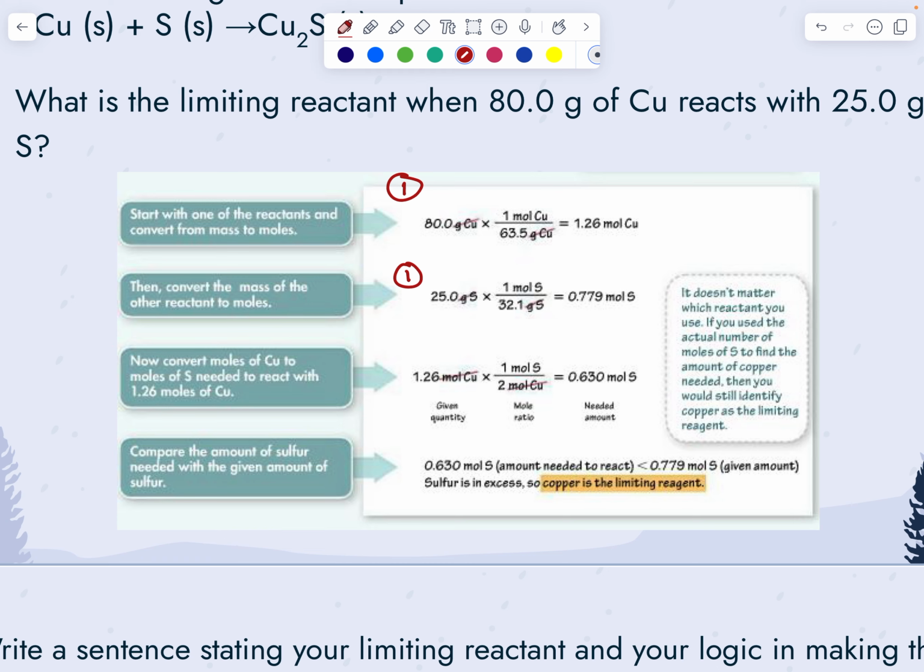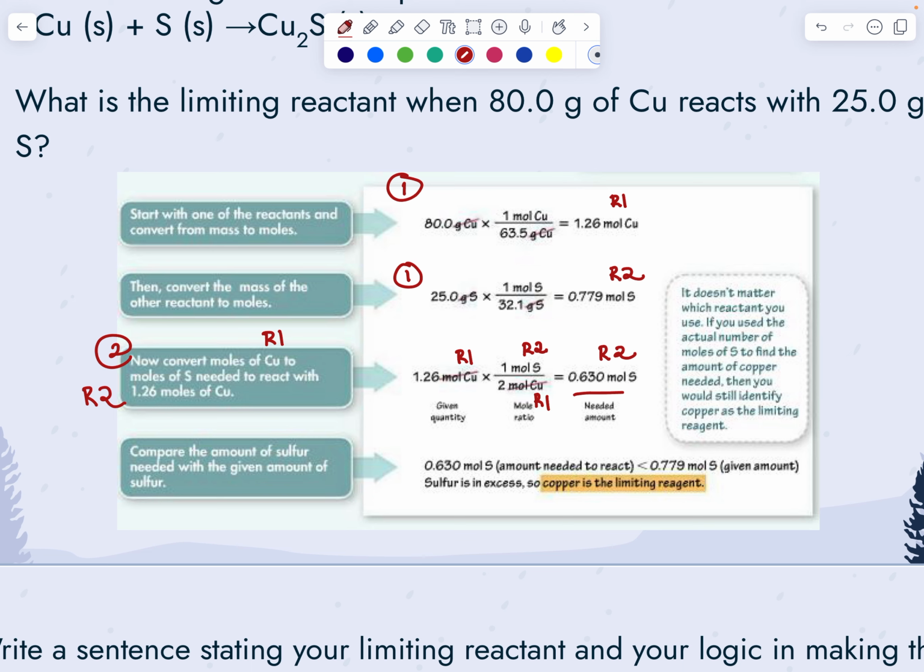Then, step number 2: convert the moles of copper, which is reactant 1, to moles of sulfur, which is reactant 2, that is needed. You can see we put reactant 1 out here. I'll label these reactant 1 and reactant 2. Then I use the coefficients from the balanced chemical equation and figure out how many moles of reactant 2.